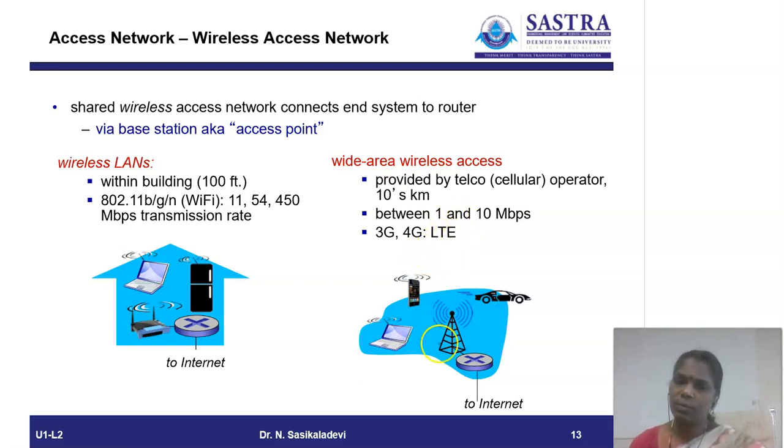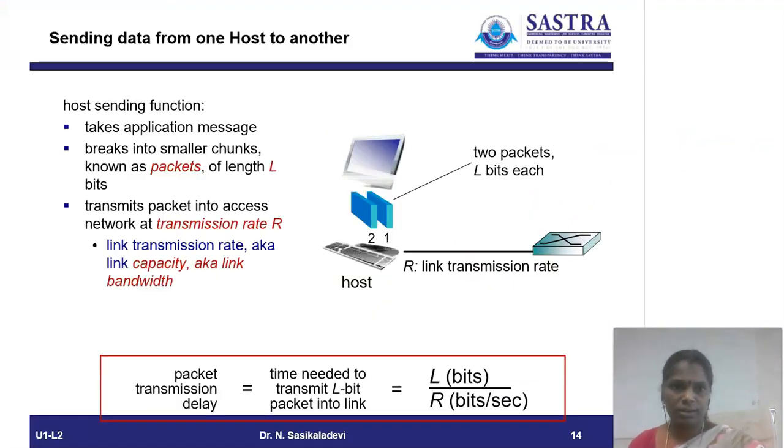We have satellites through which devices can send and receive data, and the antennas, satellites, and all those things are infrastructure constructed by the cellular company. That is a way of accessing the internet over a wider range.